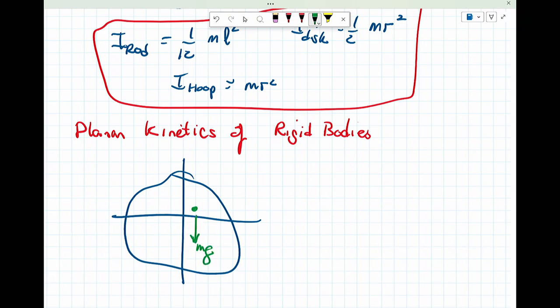So say I have a rigid body. I've defined its center of mass somewhere arbitrarily over here. And what I do every time I deal with a rigid body is I say, hey, it's got a mass of 10 kilograms, but that is all acting through its center of mass.